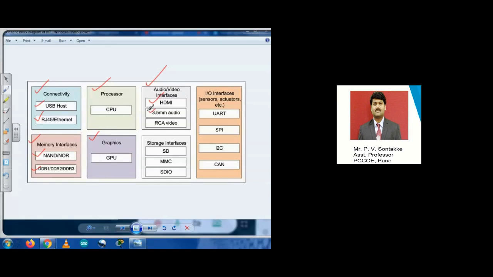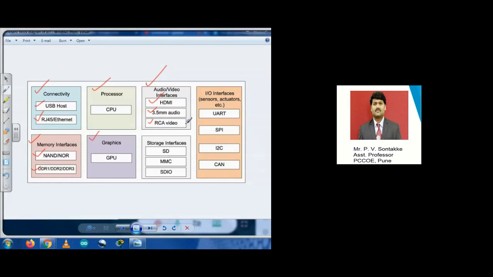So the audio will be reproduced effectively, as well as received from the microphone, with the help of this 3.5 mm jack. So we can get the data output from these interfaces. We can have another kind of connector. Every traditional television, and also smart television, supports RCA video, isn't it?